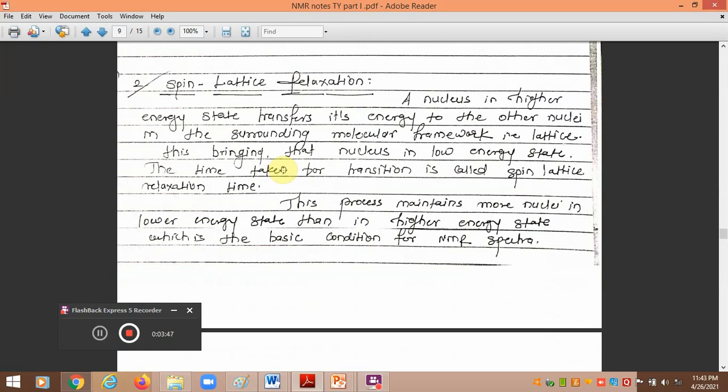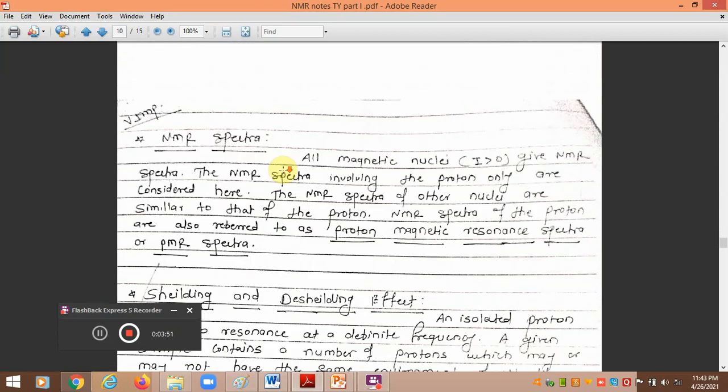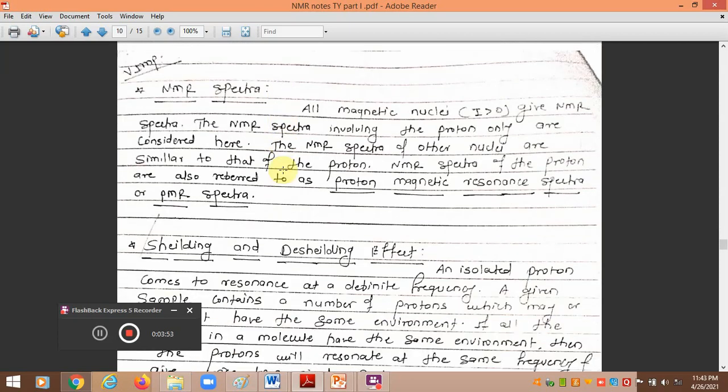Dear friends, again the question arises: which nuclei show the NMR spectra? The basic condition for any nucleus to show the NMR spectra is that the nucleus must have a spin quantum number greater than 0. So I should be greater than 0.